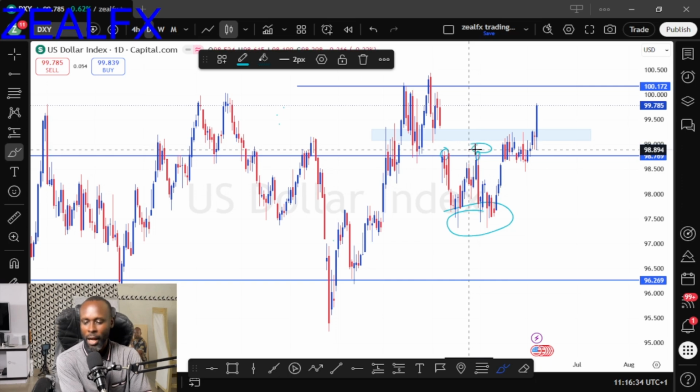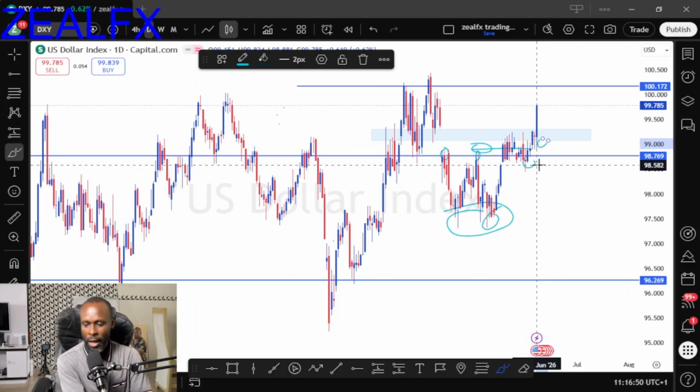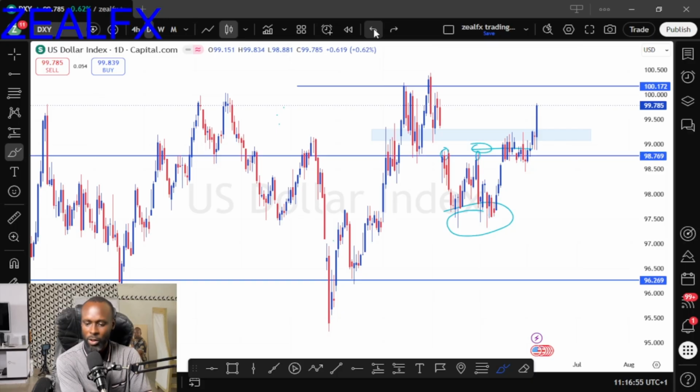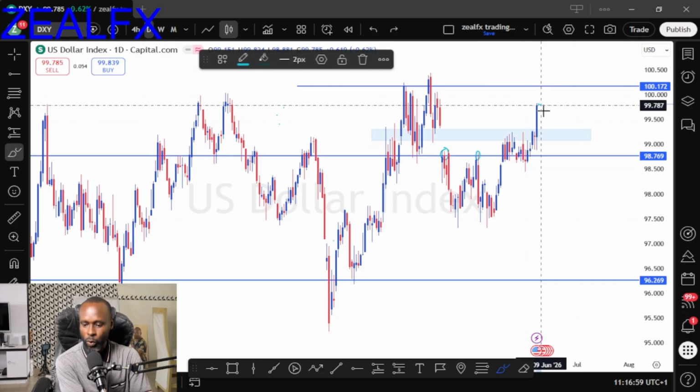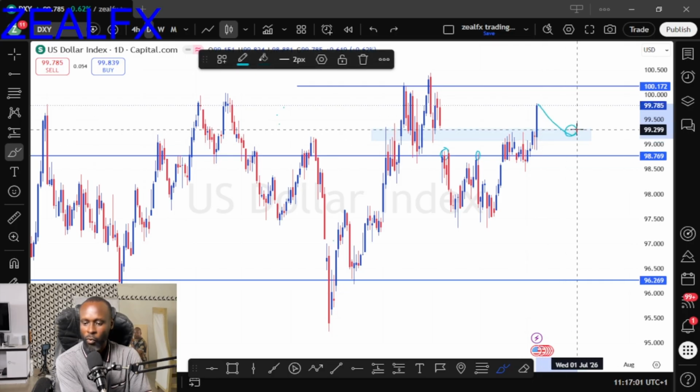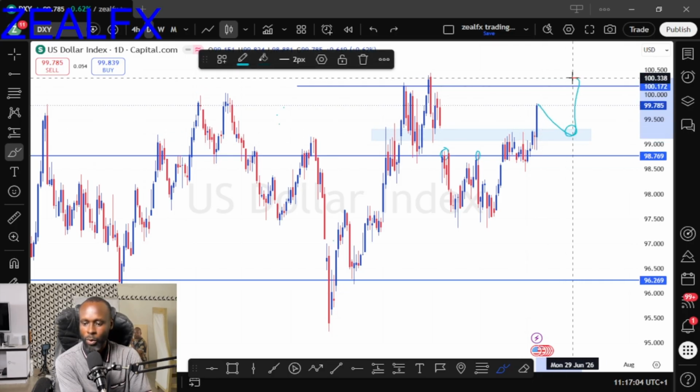So long as price is above this neck, all we need is for price to continue to push higher for the dollar index. You can also see that we now have a higher low and a higher low, then a higher low. These are signs of a bullish trend and a strong dollar this coming week. So all we need now is for price to retest this daily support zone before we start looking for a possible buy to this next daily resistance level.